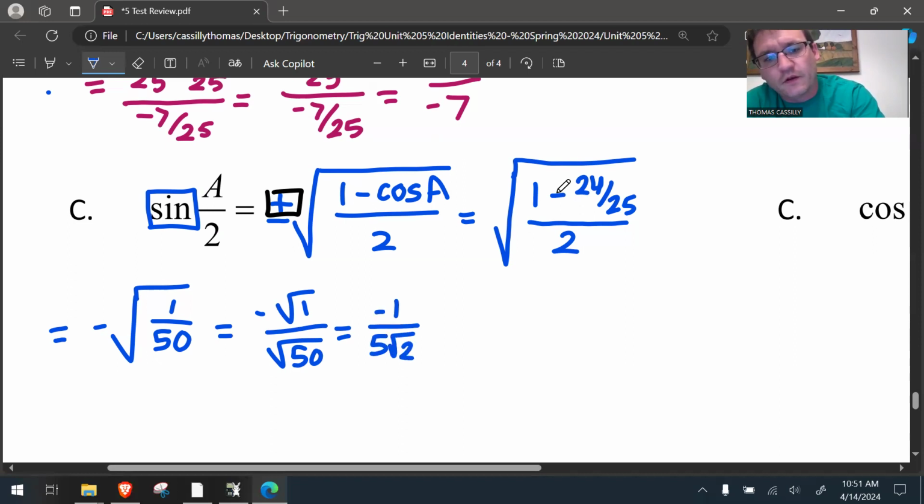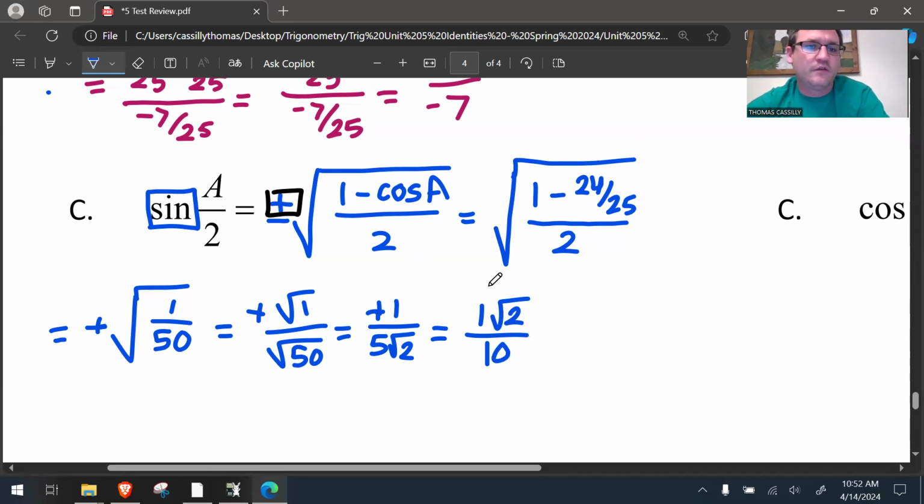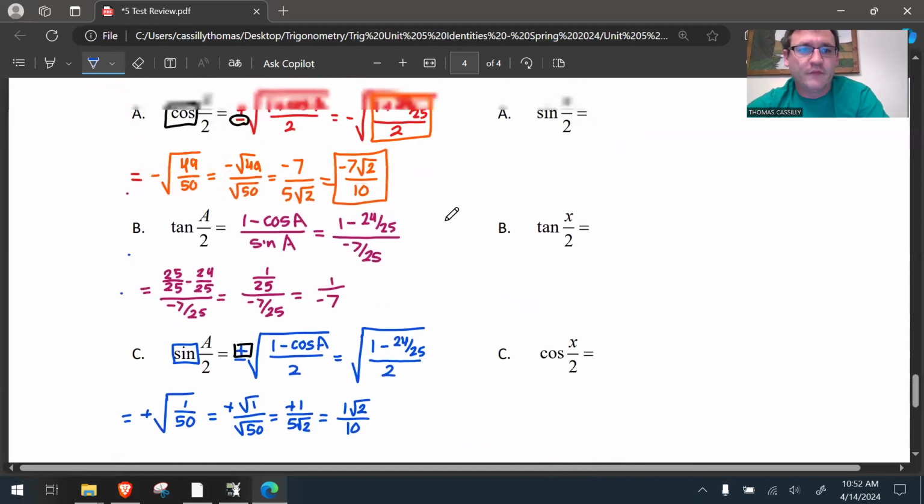It's negative, right? No, it's not. It's positive, sorry. So that means I'm not going to write the plus sign. So we have square root of 2 over 10. All right, and that is your sine of A over 2 reduced. So that first problem is done here.